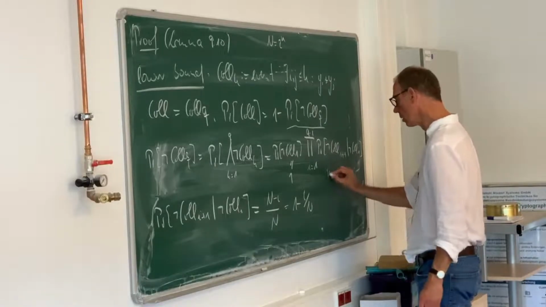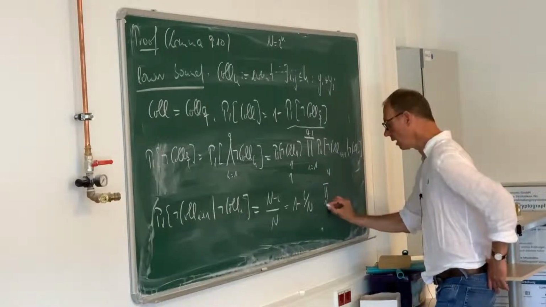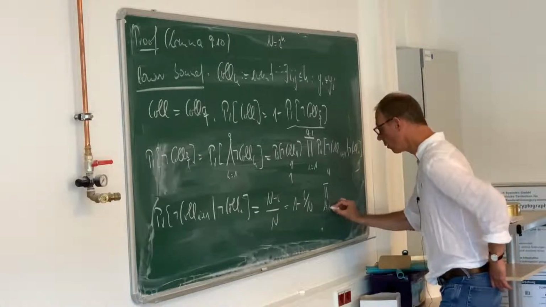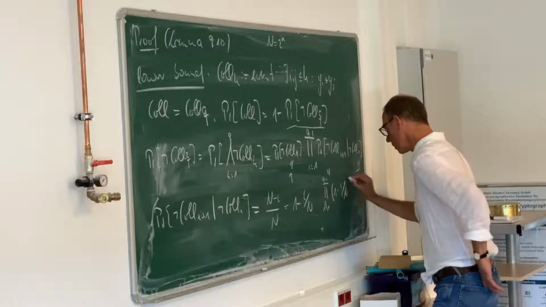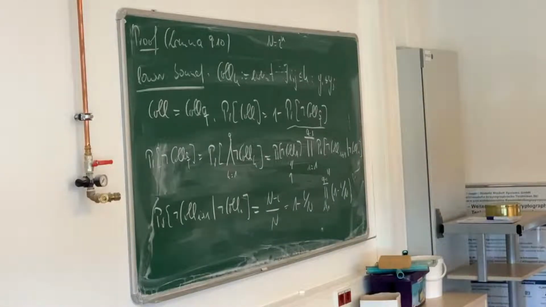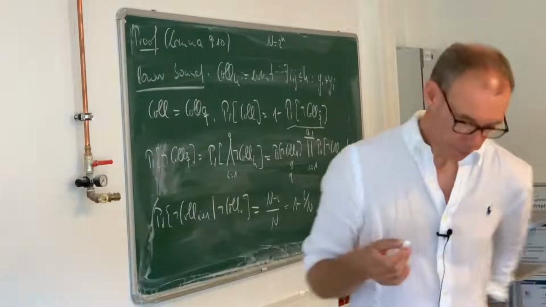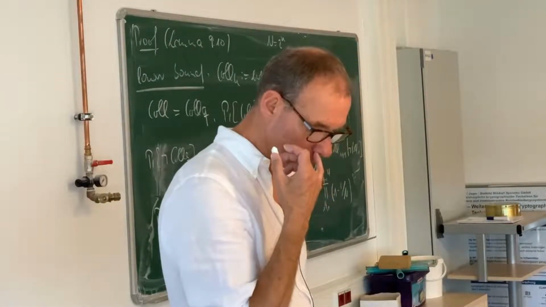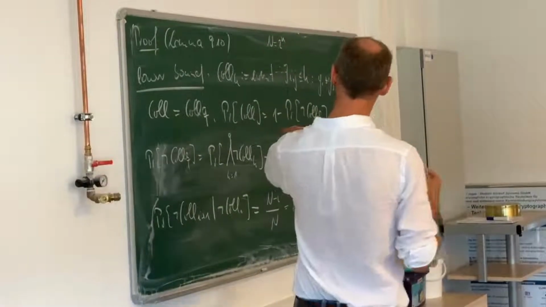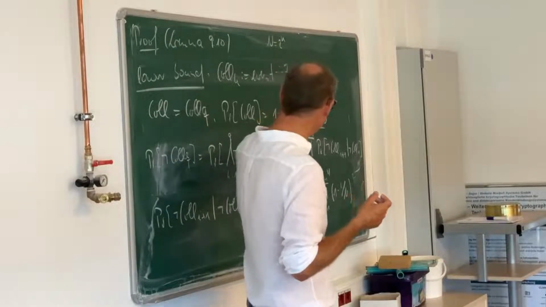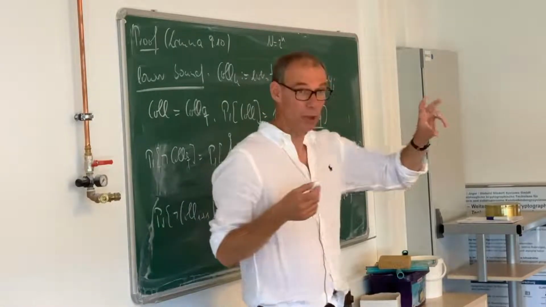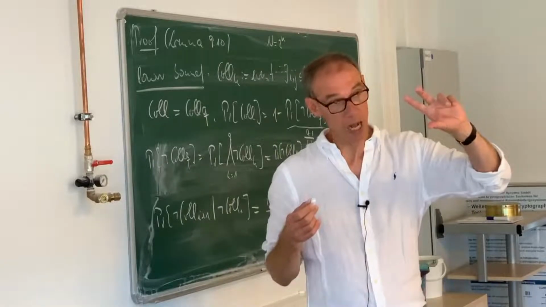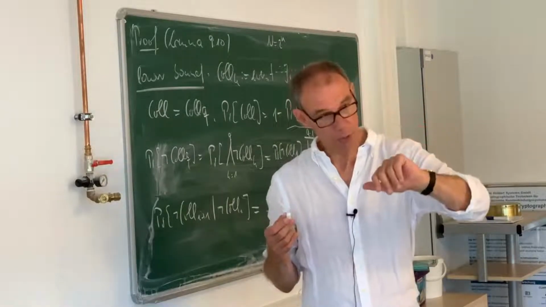I'll just get this. So then we can replace this here. This is 1. This is product I from 1 to Q minus 1, 1 minus I divided by capital N. And we want a lower bound on probability for collision, so that's the same as an upper bound on probability for not collision.